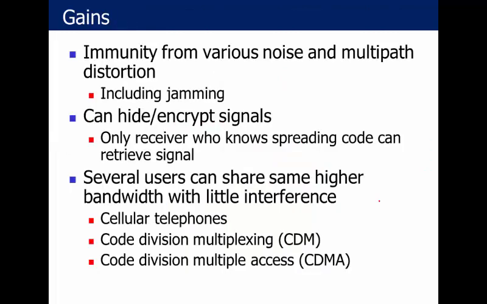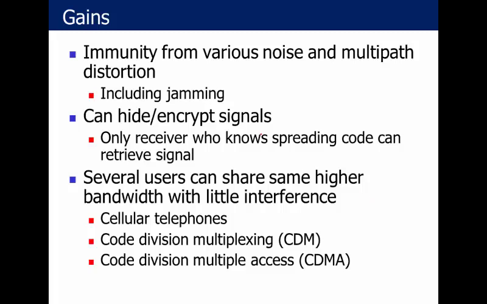Okay, so if we have spread spectrum, then what is the benefit of that? First of all, it will be stronger immunity from various noise and multipath distortion, intervention, and interruption, including jamming.